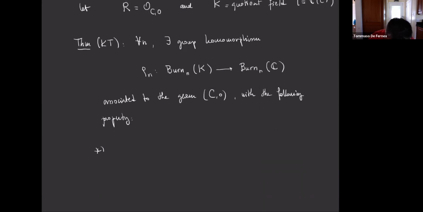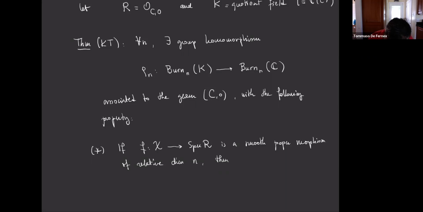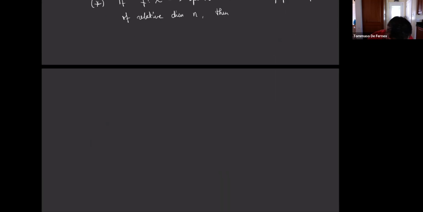Okay, let me put this. If f from the curve, X to Spec R, this germ of the curve, is a smooth proper morphism of relative dimension n, then what I can do is look at the generic fiber.